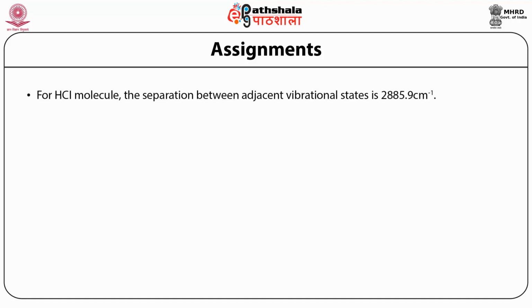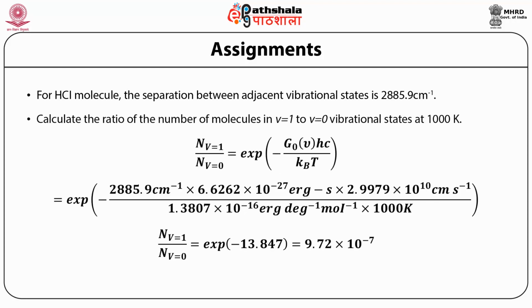For HCl molecule, the separation between adjacent vibrational states is 2885.9 centimeter inverse. Calculate the ratio of the number of molecules in nu equal to 1 to nu equal to 0 vibrational states at 1000 Kelvin. So, again the formula remains the same, N nu equal to 1 upon N nu equal to 0 is equal to exponential minus G0 nu hc upon kBT.